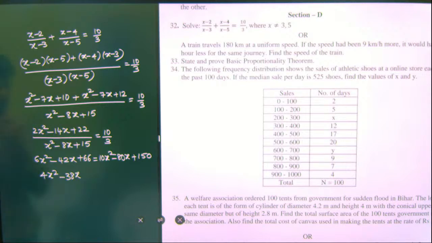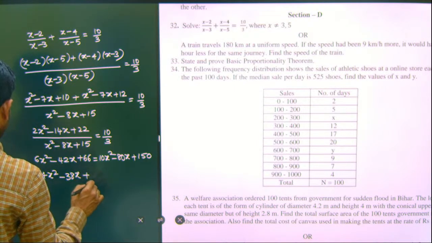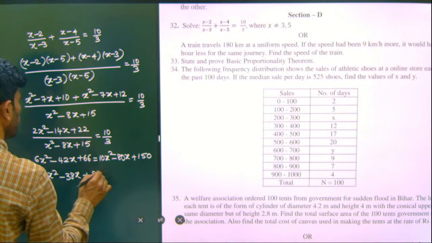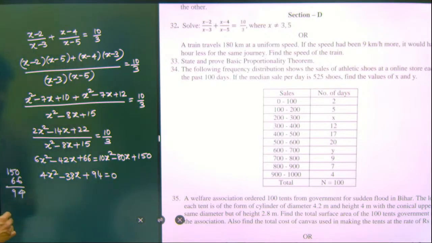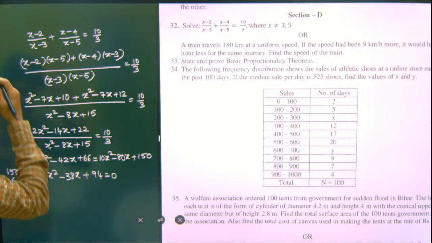We should be very careful while doing simplification. If one simple mistake goes in, our answer will be wrong. 150 minus 66, 4, 15 minus 6, 9. So 94 plus 94 is equal to 0. Then everywhere we can divide with only 2.